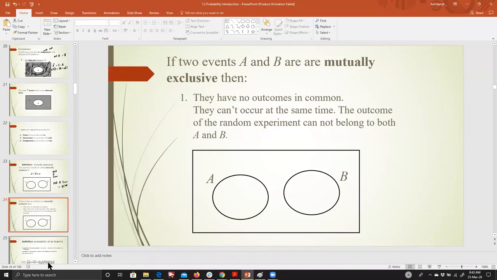Any questions? The head or tail of a single coin, we can call it mutually exclusive. Yes, for a single coin, you can call it that. Any other examples you can think of right now?